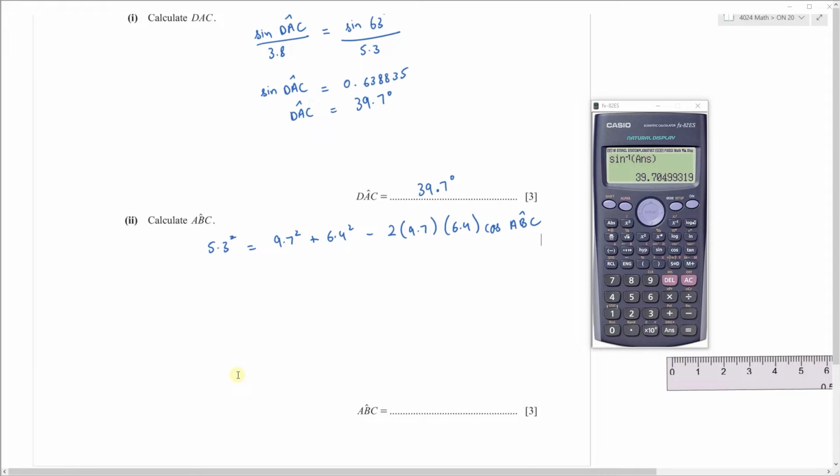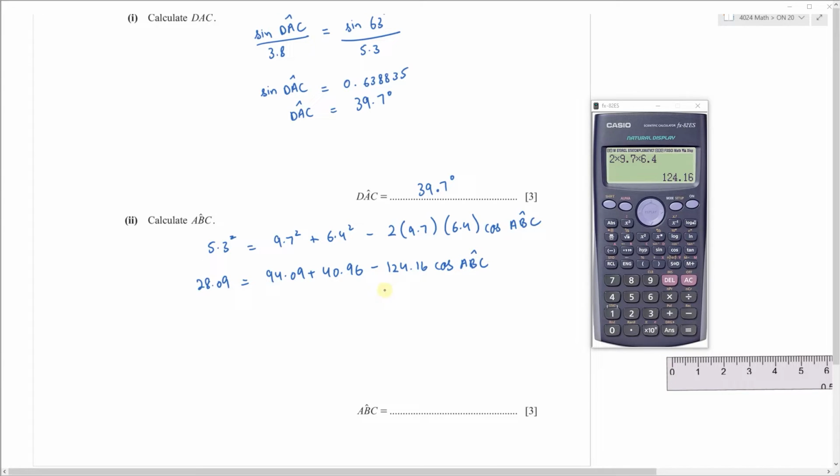So let's solve this equation now. 5.3 squared will be 28.09 equals 9.7 squared, which is 94.09, plus 6.4 squared is 40.96, minus 2 into 9.7 multiplied by 6.4. So this is 124.16 cos of angle ABC.